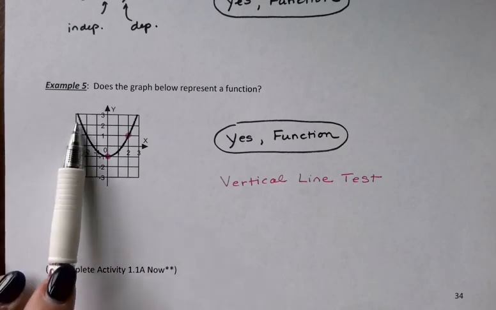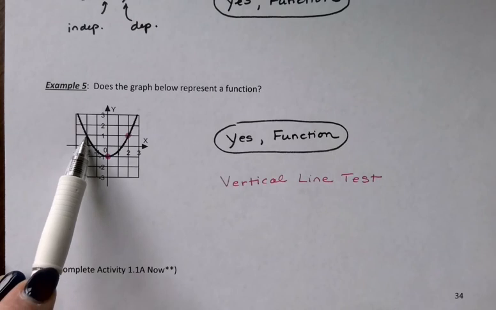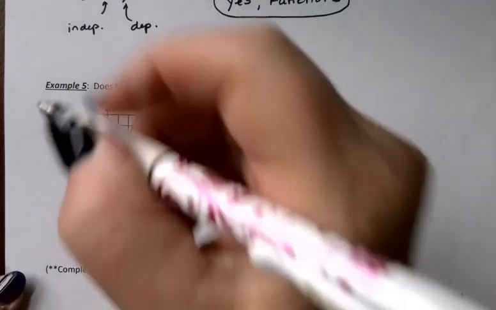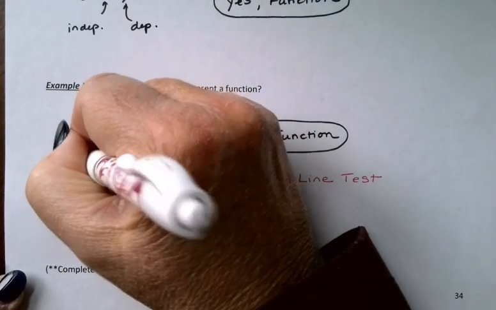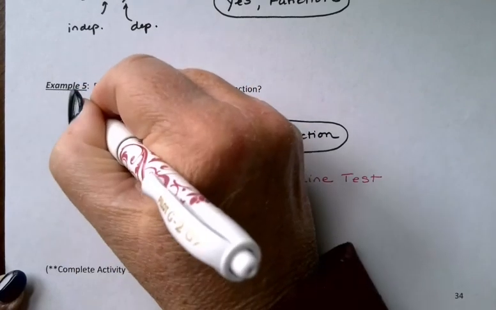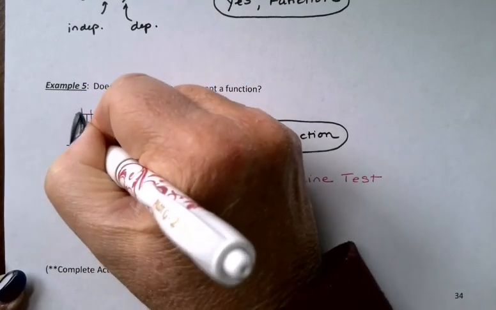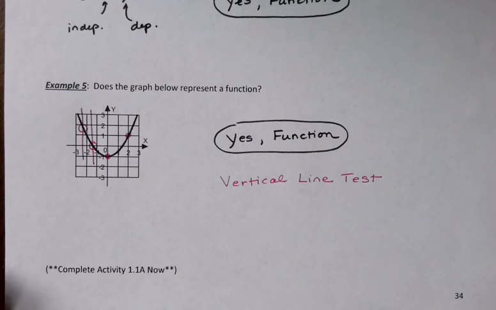So if I were to stop right here, I would hit just that point, for example. No matter where I draw my vertical line, it only hits 1 point at a time on the graph.